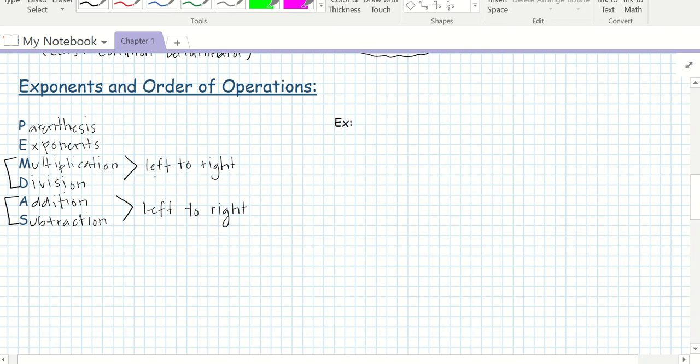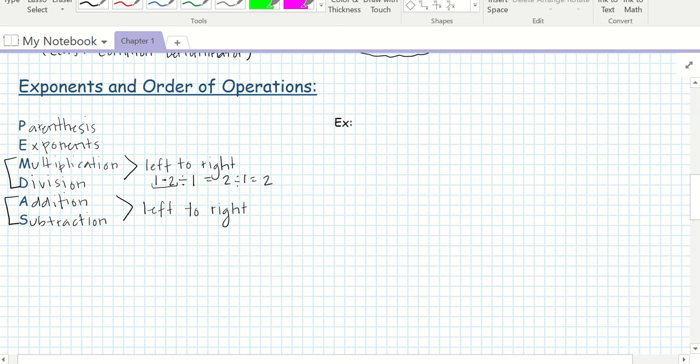Let's say I have 1 times 2 divided by 1. Then I go from left to right. So first I do the 1 times 2, and then I divide by 1. So 1 times 2 is 2, divided by 1 equals 2.